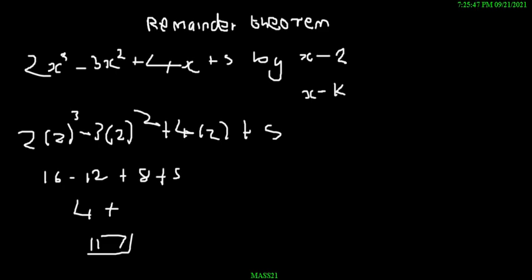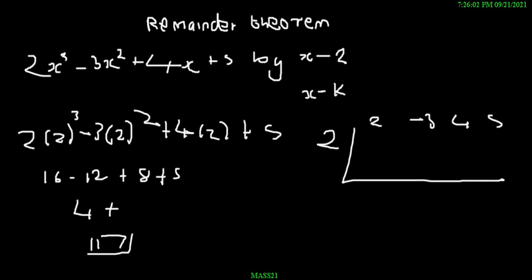So we can find the same by using synthetic division. In synthetic division we do this. We have 2, negative 3, 4, and 5. So the 2 comes down, it's going to be 2. 2 times 2 is 4.